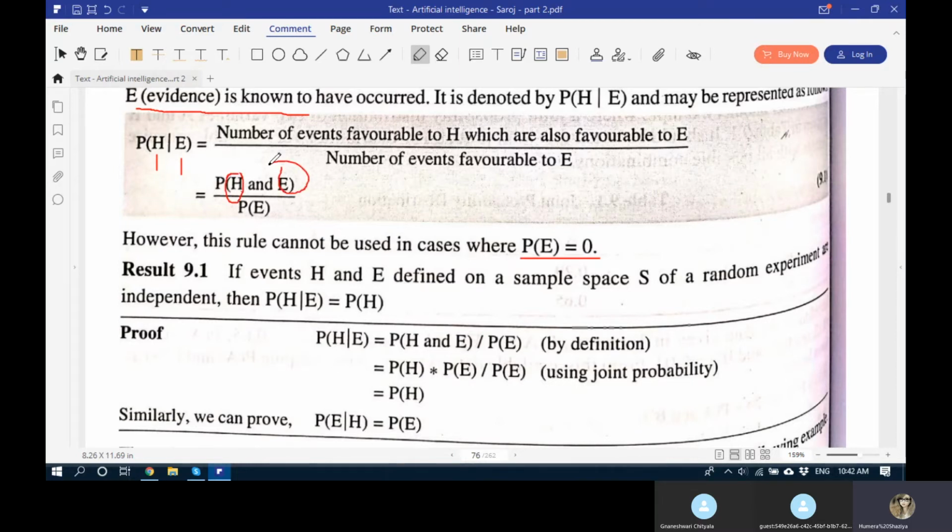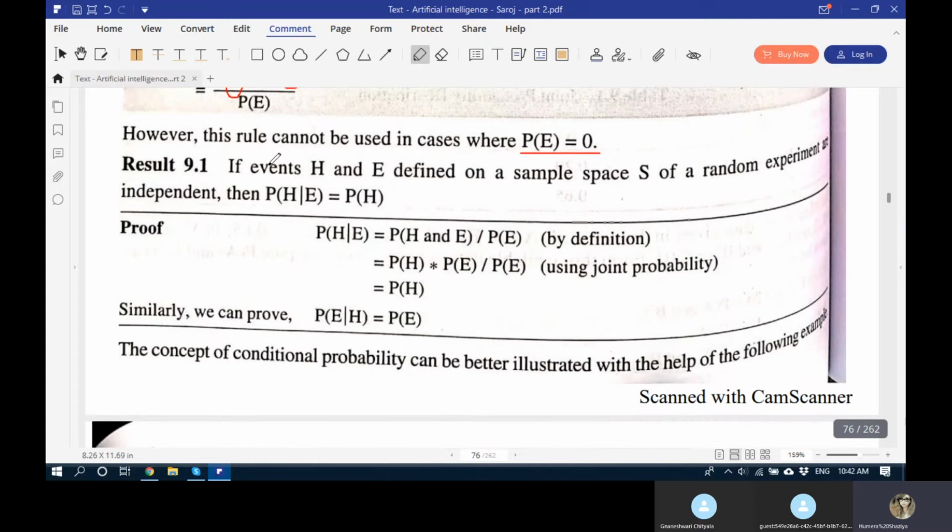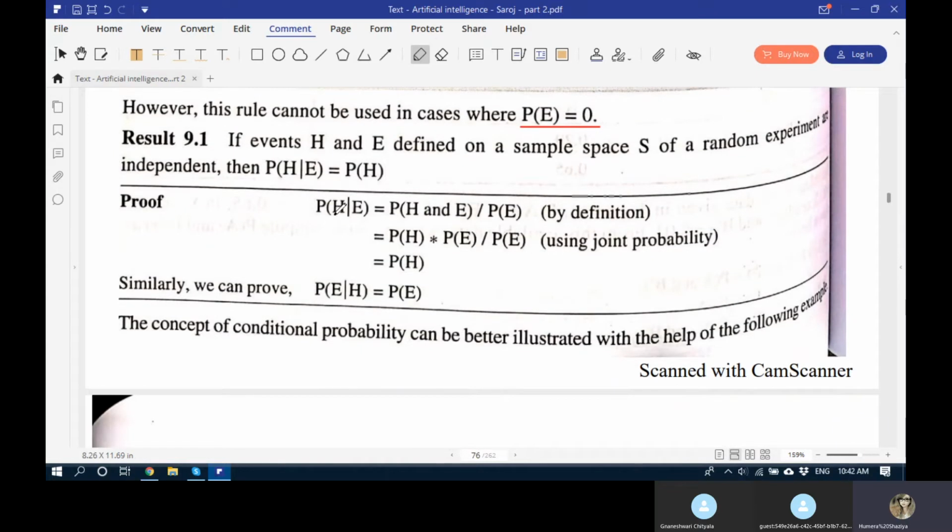Let us look at a proof. So here, probability of hypothesis given evidence. We know that probability of H and E over P of E is given.